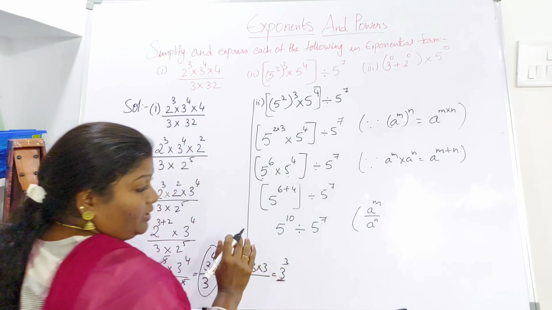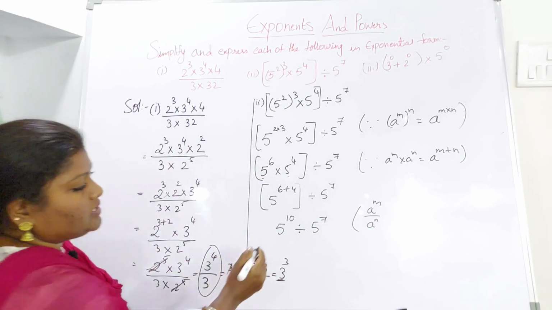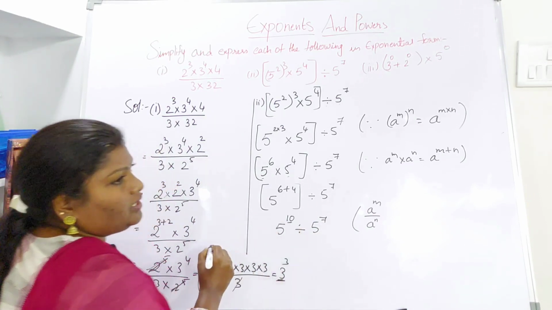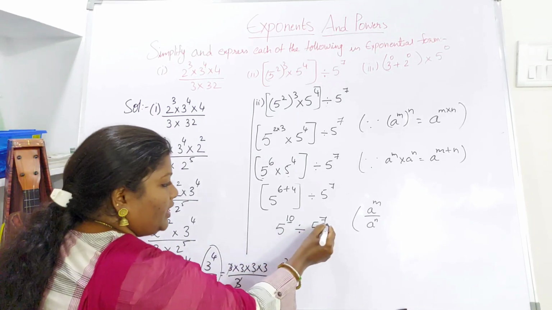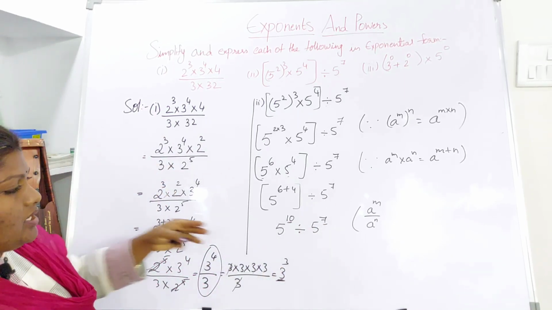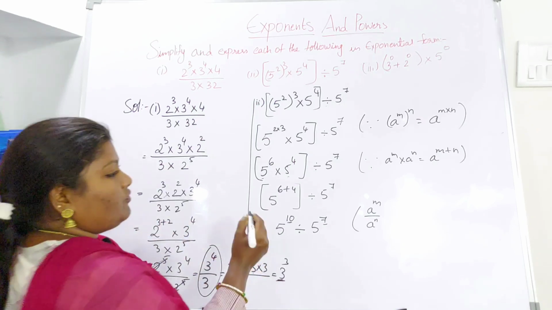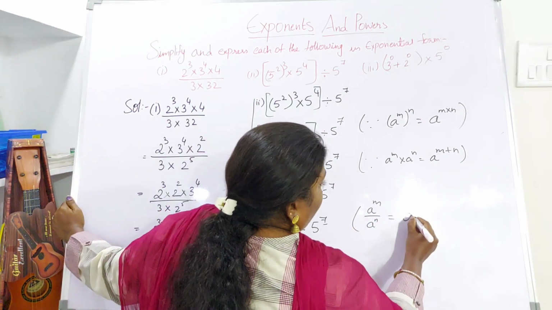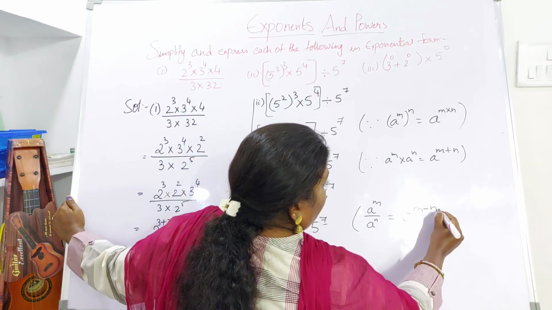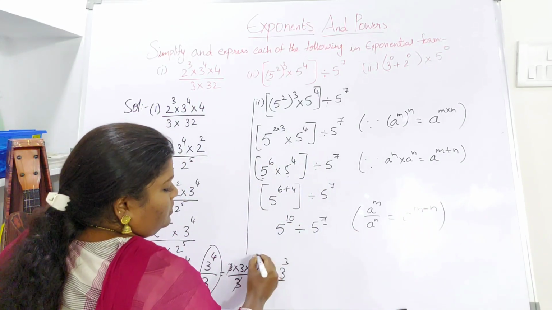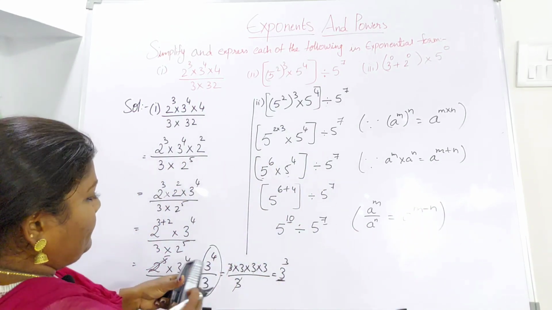Now you have to decide which formula you are going to use, whether the numerator power is more or the denominator power is more. Now the numerator power value is more, so the formula is a power m minus n.